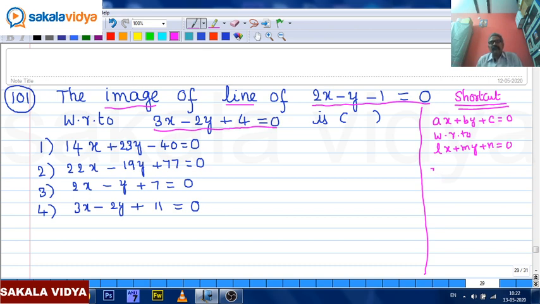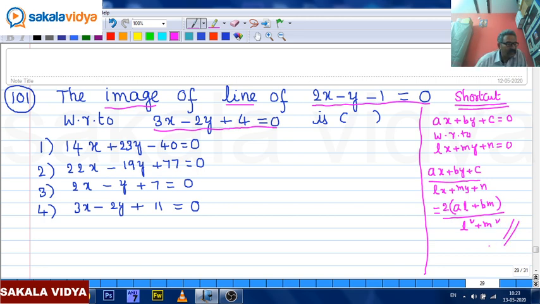To remember: ax plus by plus c upon lx plus my plus n equals al plus bm multiplied by 2 divided by l square plus m square. After cross multiplication you get a line.